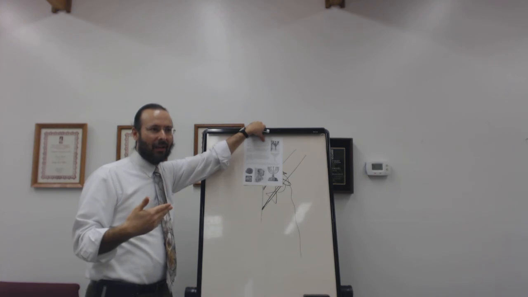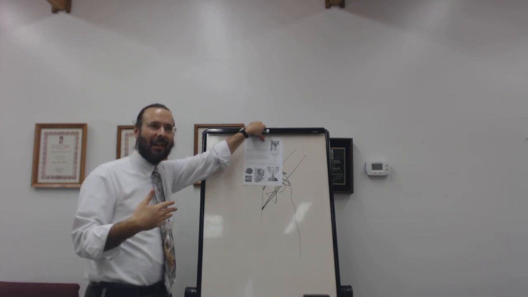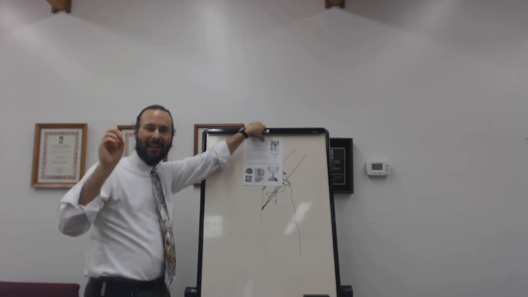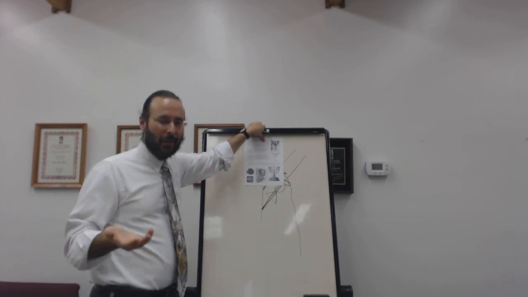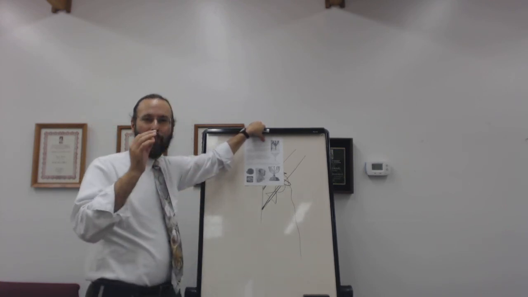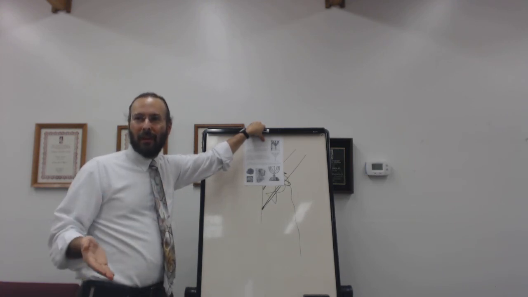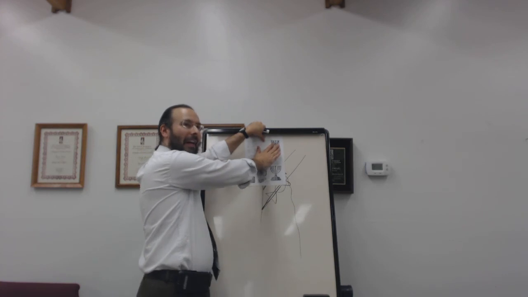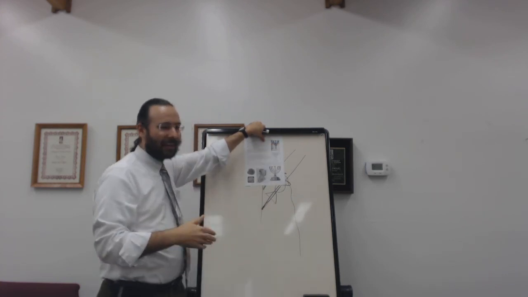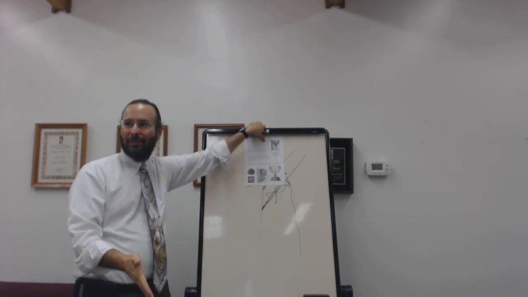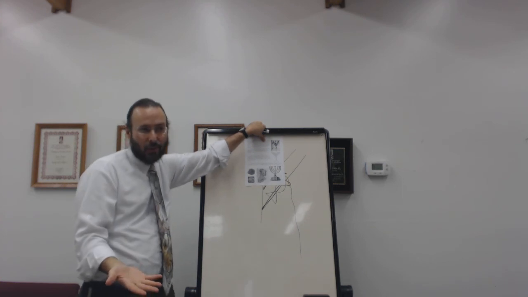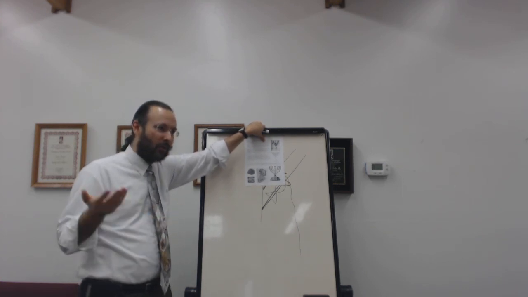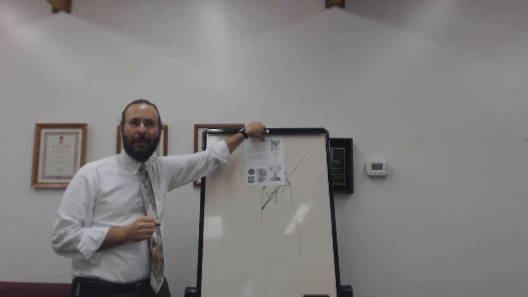Not that this is an artistic flair, not that this is a convenience or style or a branding of the way they like the menorah, but that this is precisely what the menorah would have looked like. And their foundation for that is Rambam's diagram, and the fact that the Torah doesn't say that anything was curved. The Torah didn't say that you curve the branches, it just says the branches come out. So why would you necessarily assume that they were curved?